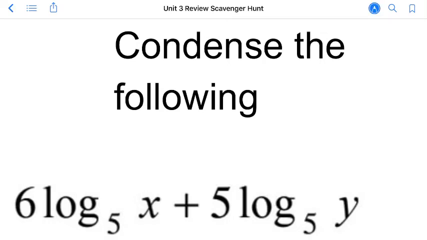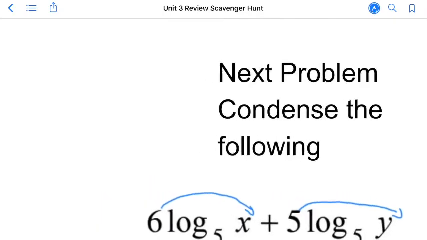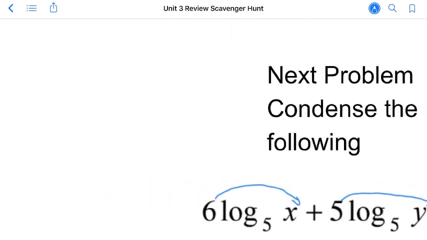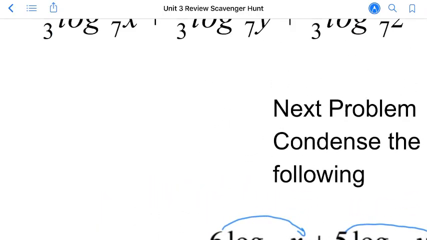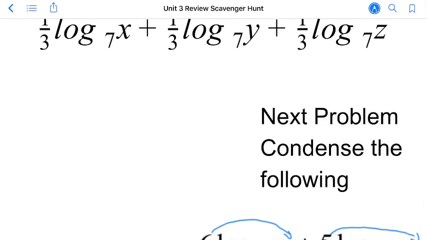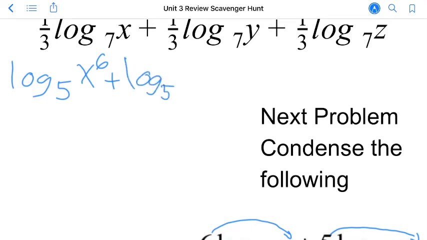So I want to move my 6 back into the exponent with my x, and I want to move my 5 back into the exponent with my y. I'm going to use the space over here. So I have log base 5 of x to the 6 plus log base 5 of y to the 5th.